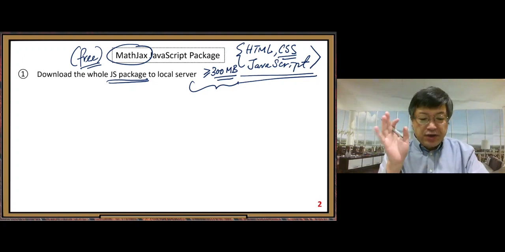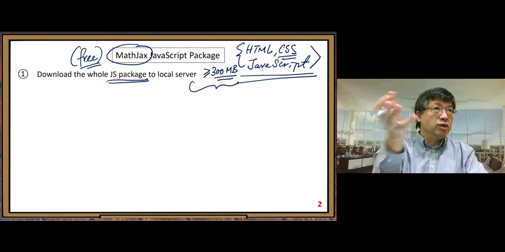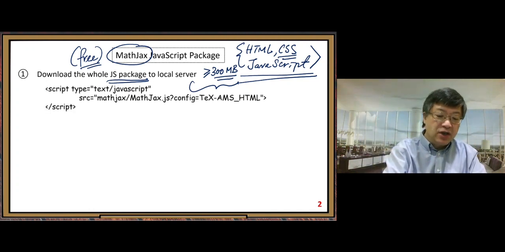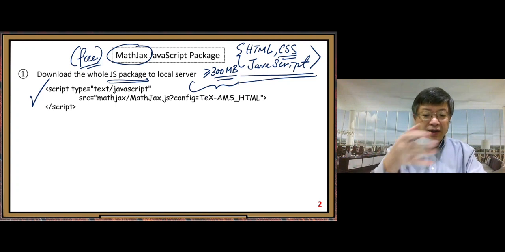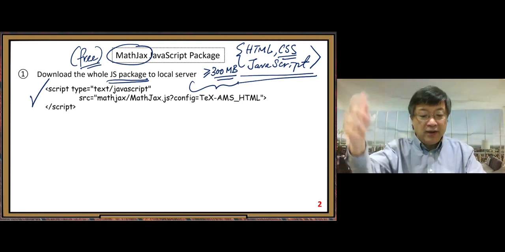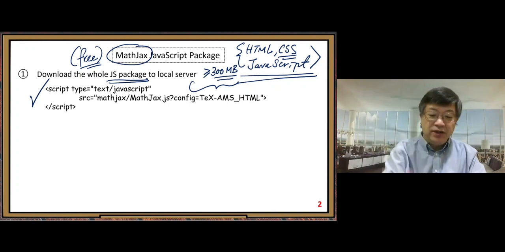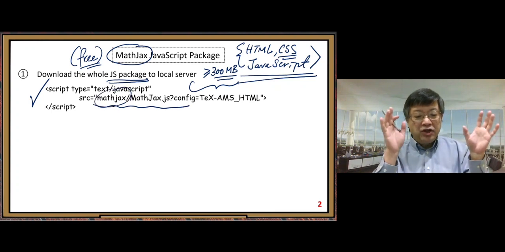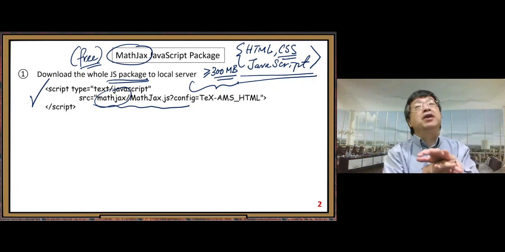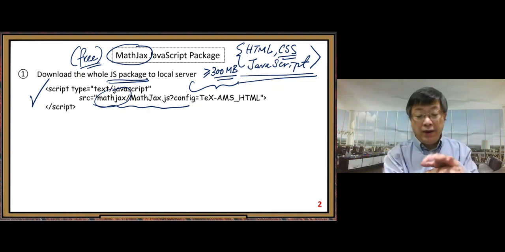If you use this traditional way, suppose you already downloaded it to your local server, you just use the standard script element tag with the location. Suppose you put the whole package in a MathJax folder in your web application, for example.